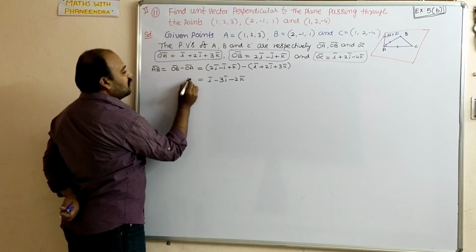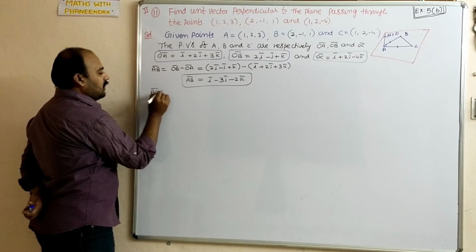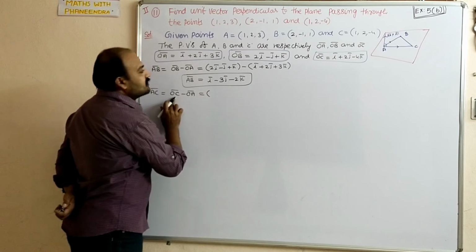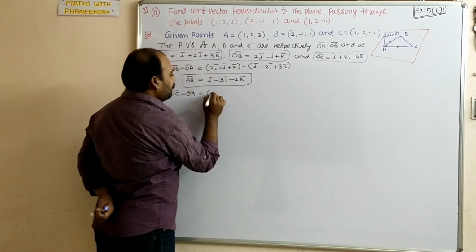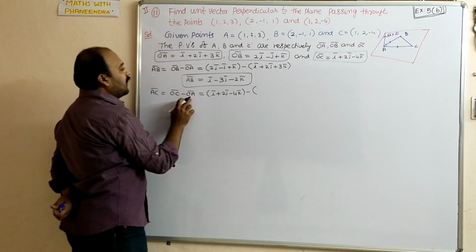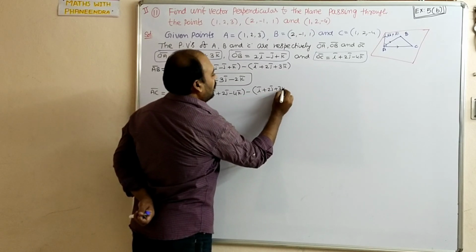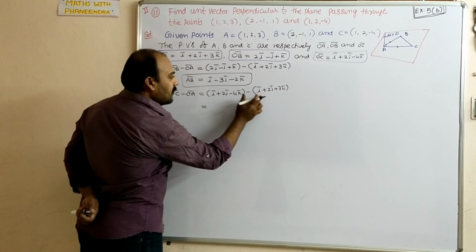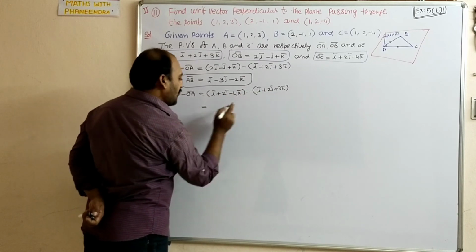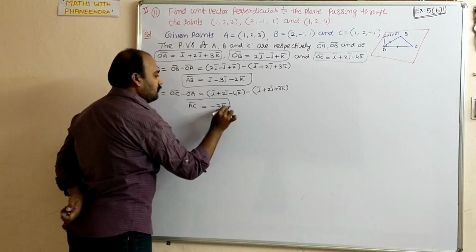This is the AB vector. Next, AC bar equal to OC minus OA: i plus 2j minus 4k minus (i plus 2j plus 3k). i minus i is 0, 2j minus 2j cancel, minus 4k minus 3k is minus 7k. This is the AC bar vector.